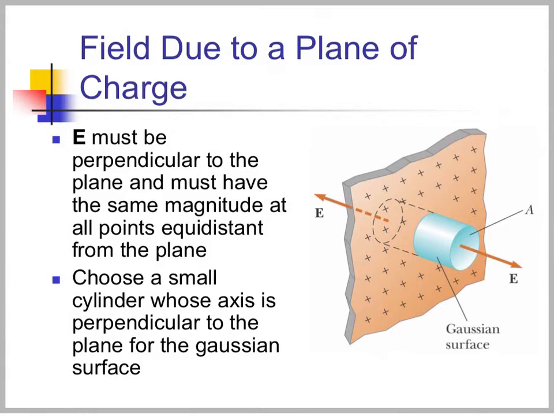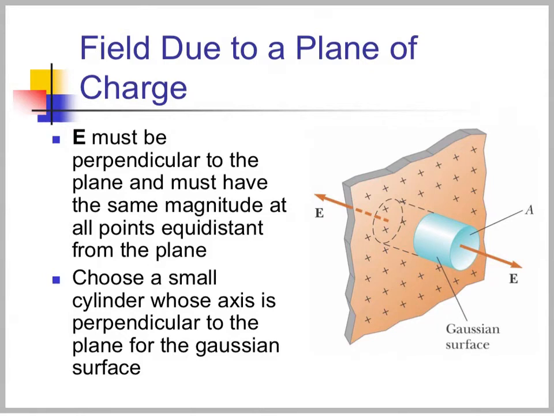Because if it's a plane, then we know that the electric field has to point straight away, perpendicularly away from the plane. So the sides of the box don't matter. The sides of the box have no electric field through them. The only electric field is going through the front surface and the back surface.